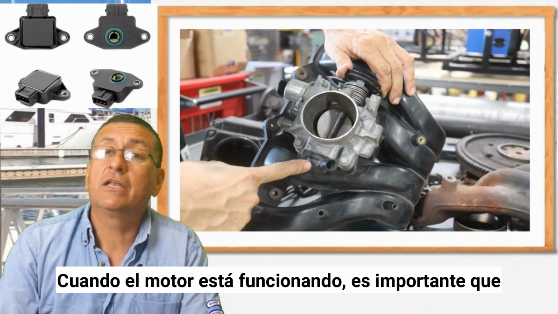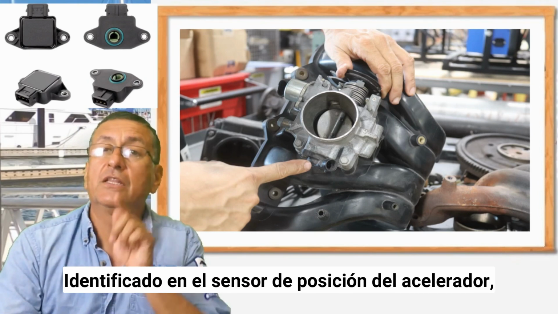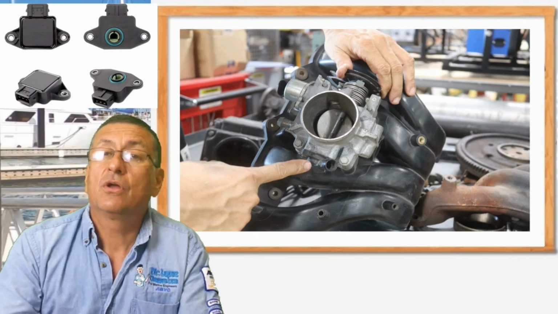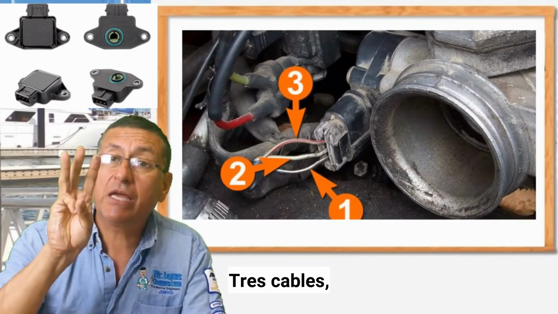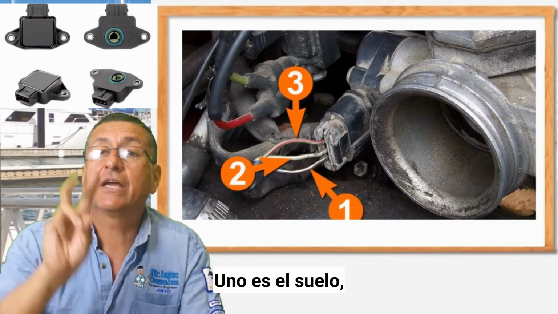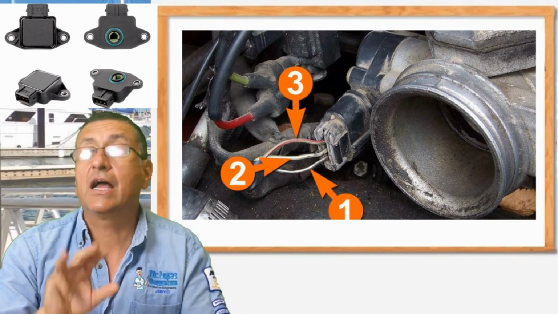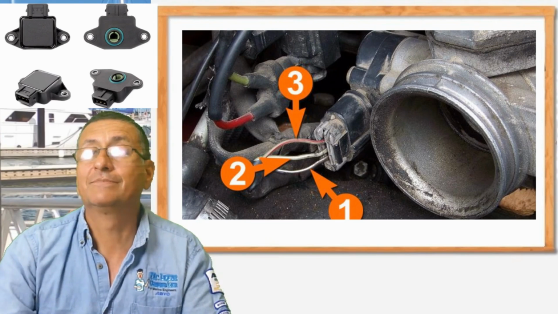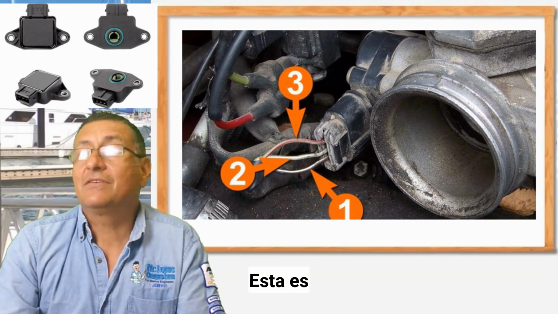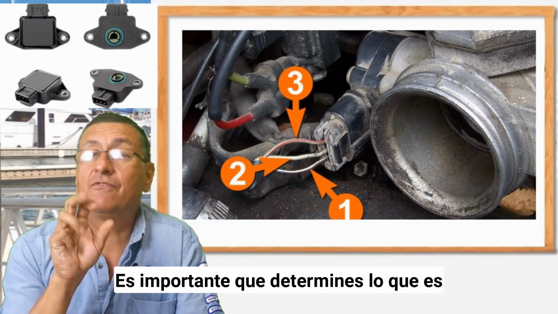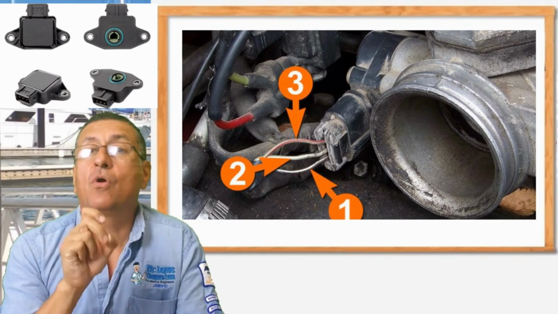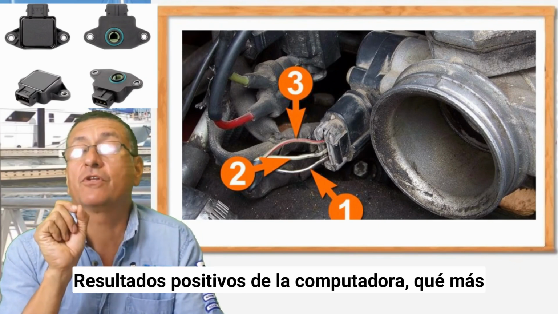With the engine running, it's important to identify in the throttle position sensor. Normally, those sensors have 3 cables. One is the ground, the other one is the positive coming from the computer, and the other one is the signal.